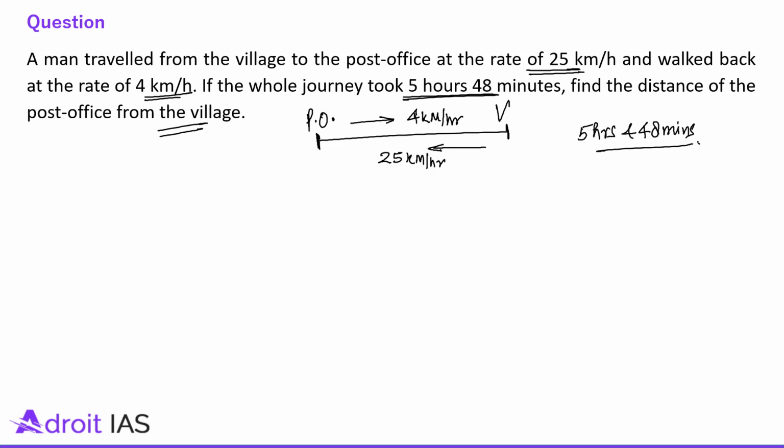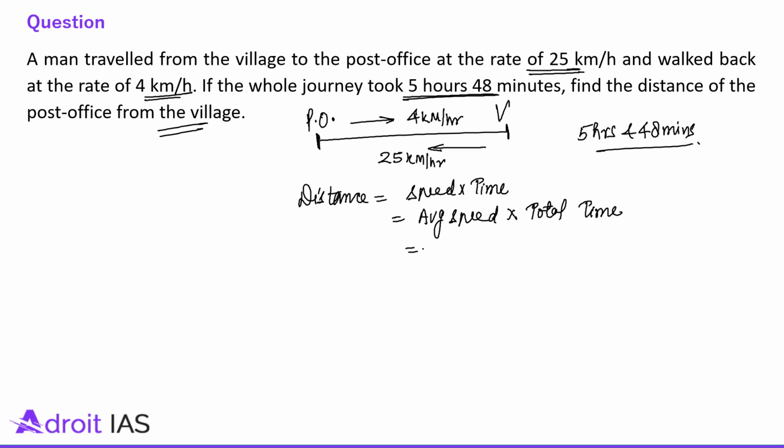Distance means total distance, and distance is speed into time. So the speed is the average speed, because for the entire journey we need to find it, and the total time is given.